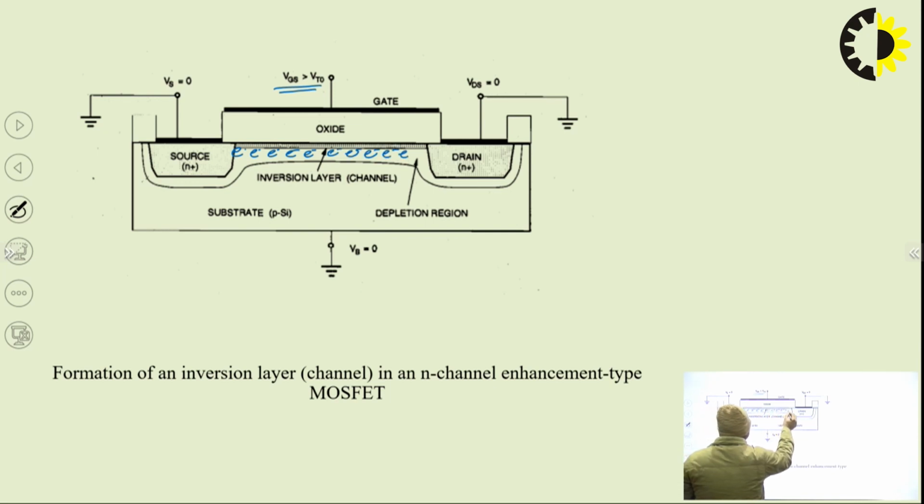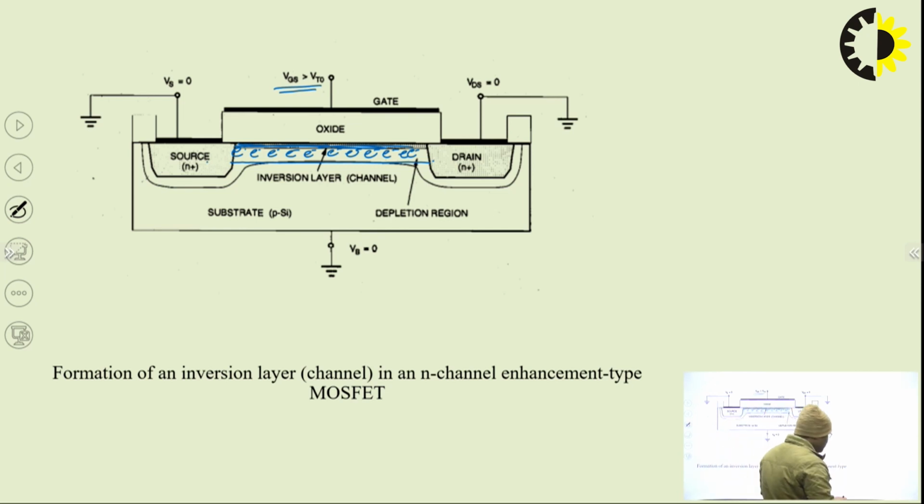And as we are increasing the gate to source voltage, at a certain value of VGS, the entire channel region is inverted, and an inversion layer, a channel, is created from source to drain. From source to drain, we have a layer of electrons. This inversion layer is also known as the conducting channel. With the help of this channel, a conducting path is created between source and drain.